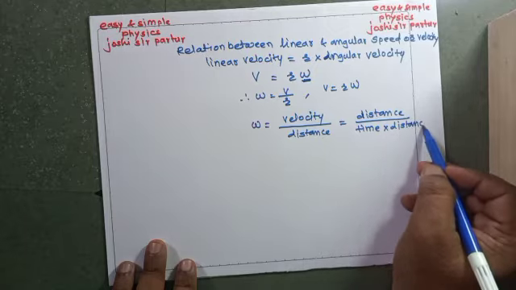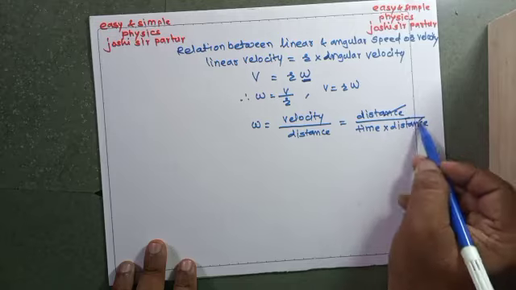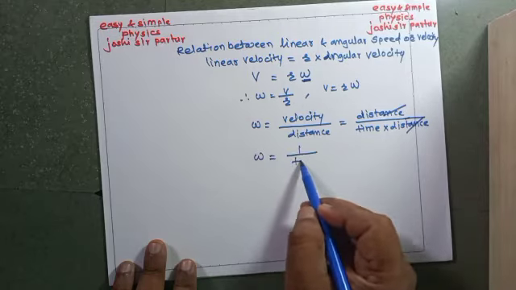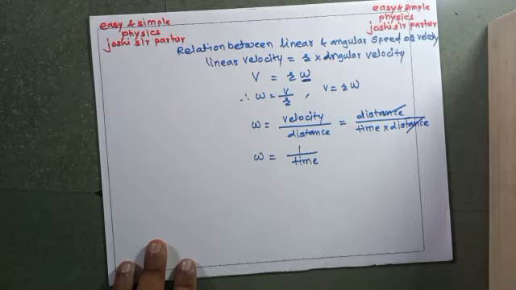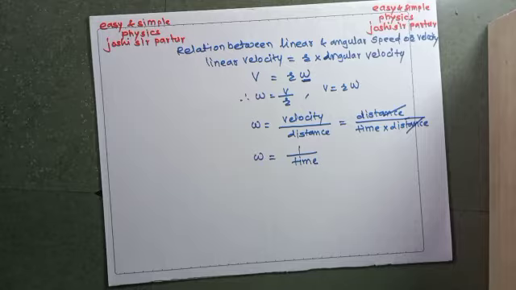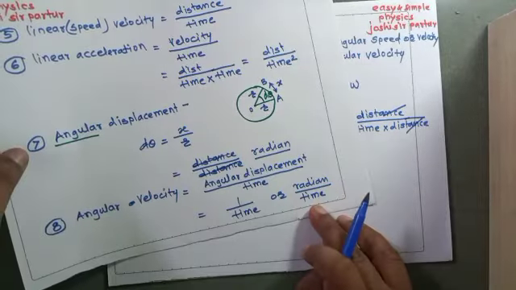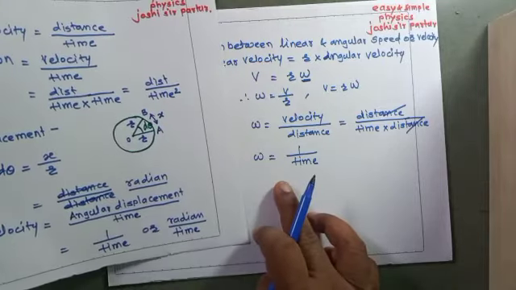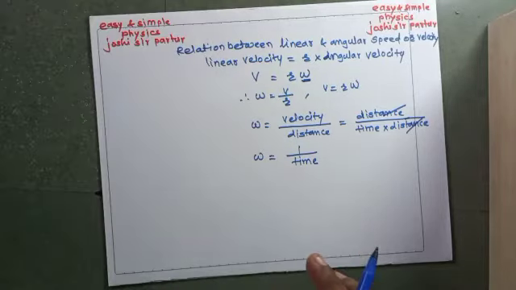Distance gets cancelled, so omega is in terms of 1 upon time, radian per time. That is the angular velocity.